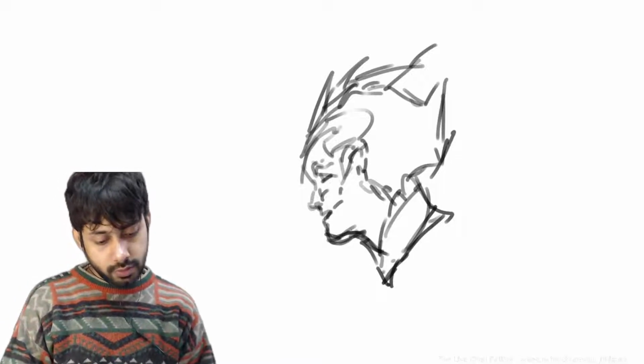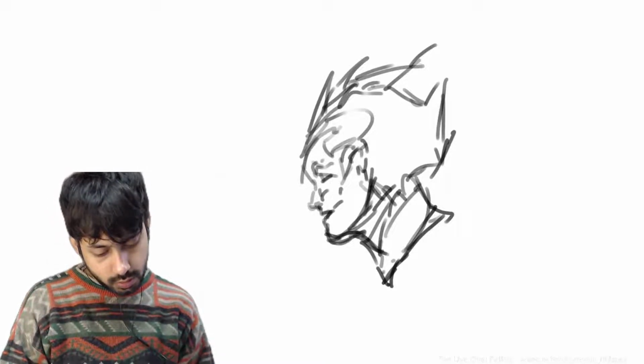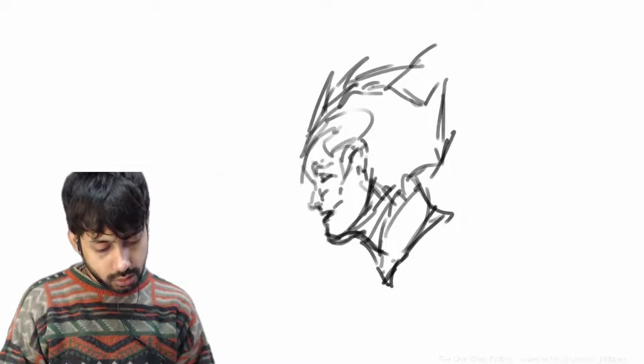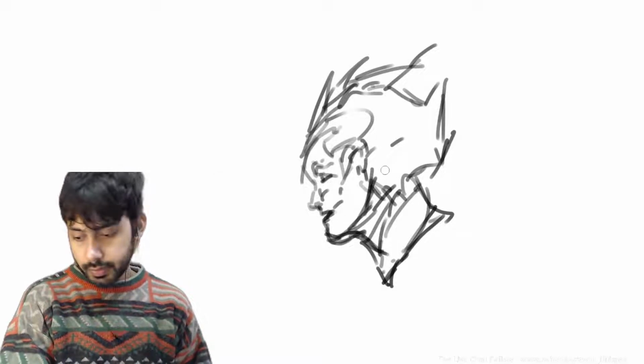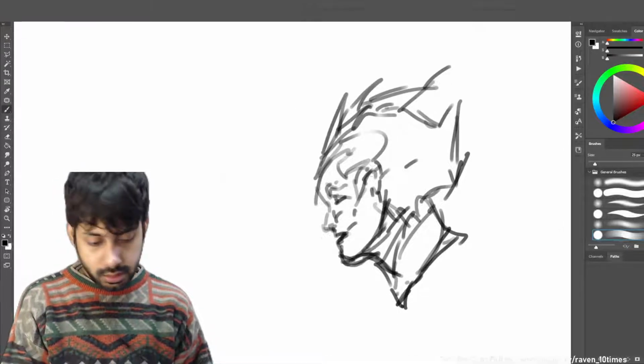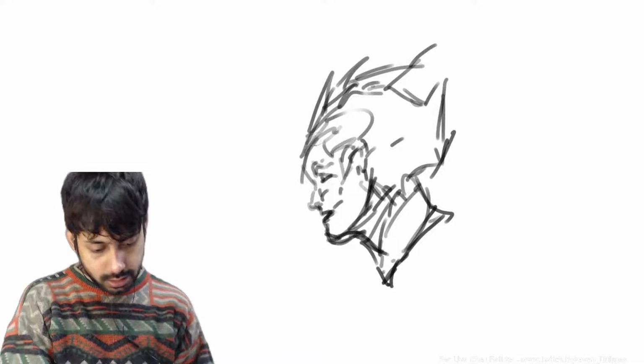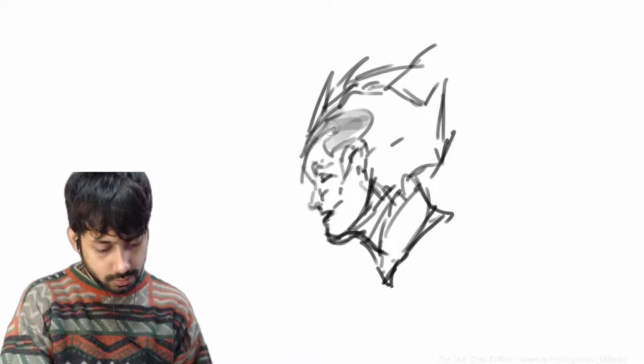So once you have your drawing straight, what you can do is go into the coloring part. So now let me just decrease these to 50 and let me just start adding some overall shade to this part.